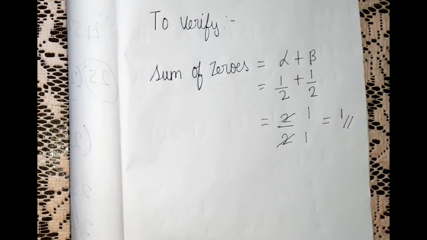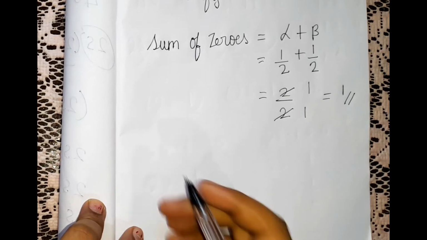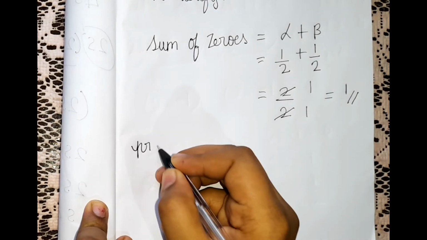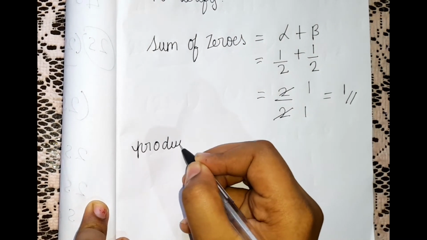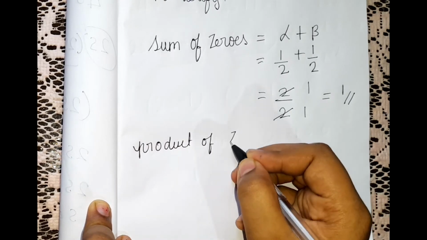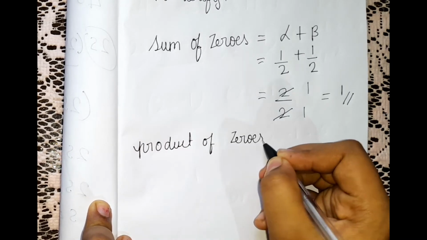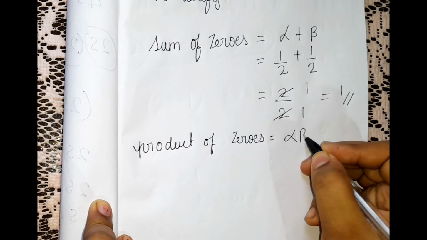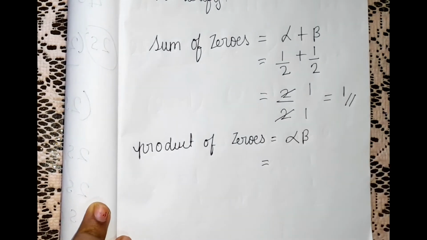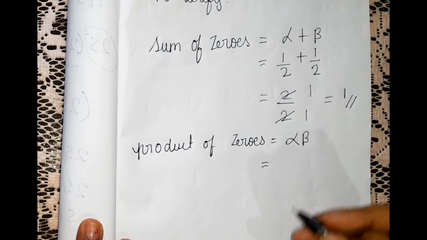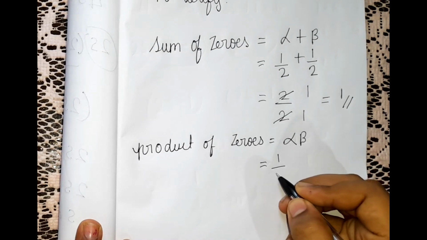So now what we are going to do is, we are going to be finding its product of zeros. So let's write product of zeros is equal to alpha into beta, okay. So alpha into beta. As you guys know, the alpha value is 1 by 2.